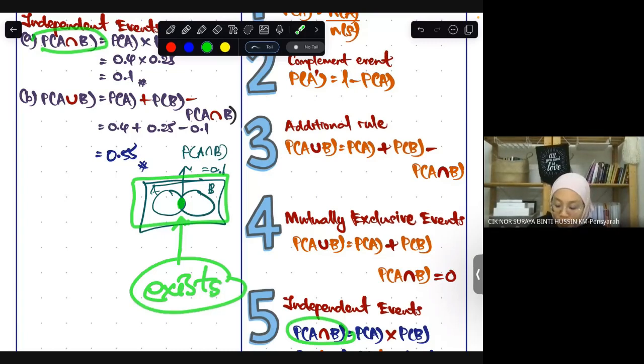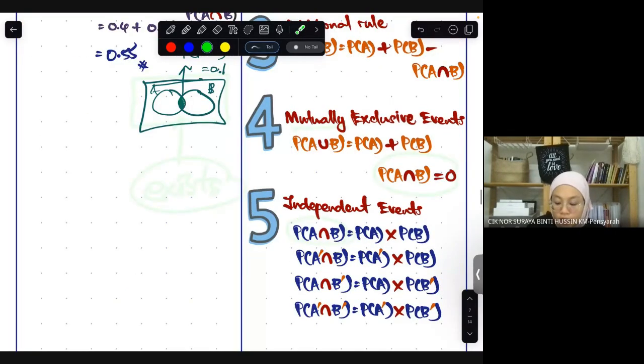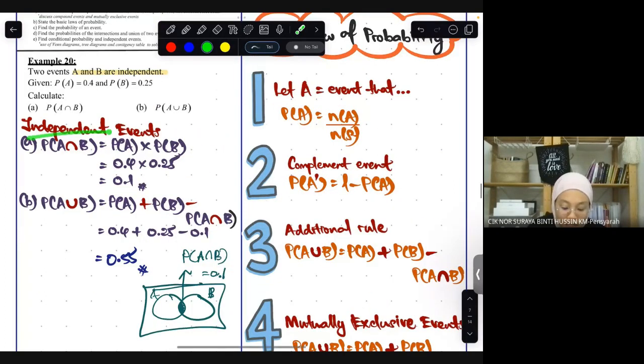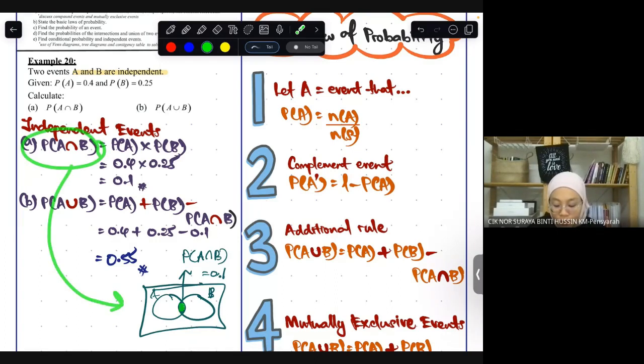Manakala mutually exclusive dia tiada, okay? Dia tiada intersection probability. Tetapi kalau independent events dia wajib ada, dia memang konsep definisi dia mempunyai intersection probability lah.